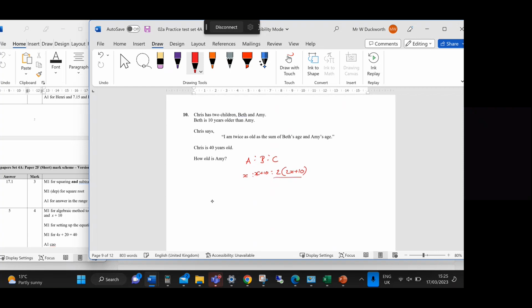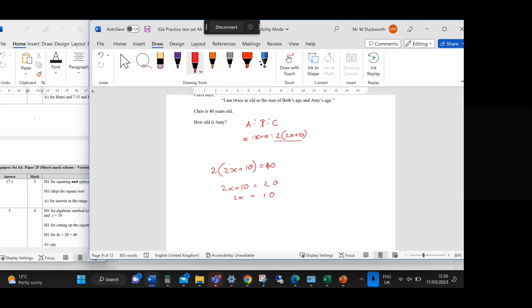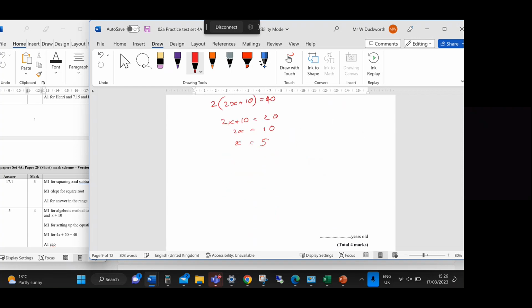So if I say that that's going to be equal to 40, so two lots of (2x plus 10) has to be equal to 40. Meaning that if I could multiply out the bracket first, I'm going to halve them both first though. So 2x plus 10 has to be equal to 20. And then minus 10 from both sides, 2x has to be equal to 10. And halve them both, x is going to be equal to 5. So Amy is 5.